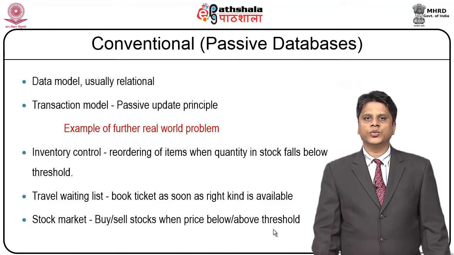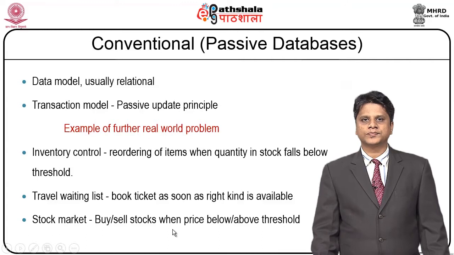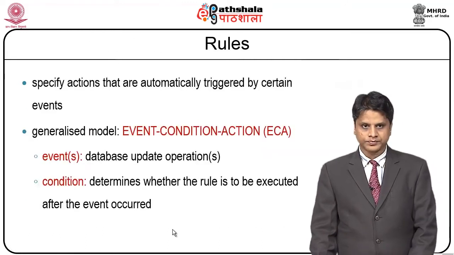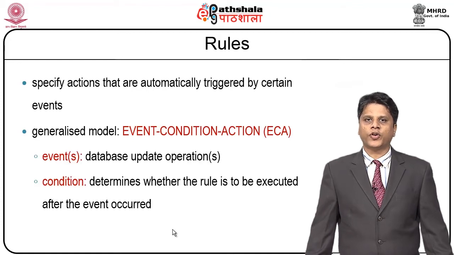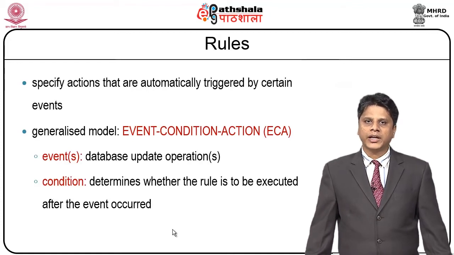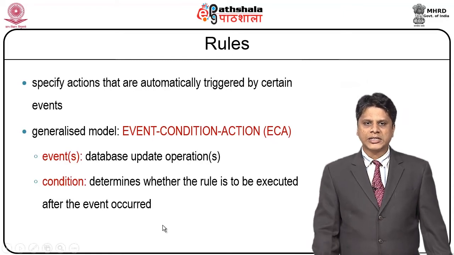Now, as I have highlighted, in an active database triggers should automatically fire, updating all the values to the user in case any specific event occurs. As I have told you, this classification of passive and active databases primarily depends on the rule format that we write. So, we will try understanding more about the rules. Rules are nothing but specifying actions that are automatically triggered by certain events.